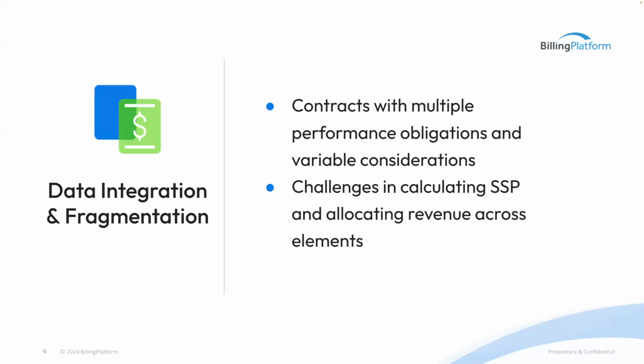So, again, fragmentation of this data is how it's coming into these systems. So solving the problem of integrating it with the information you need and centralizing it is a key pain point that can be solved here with technology.